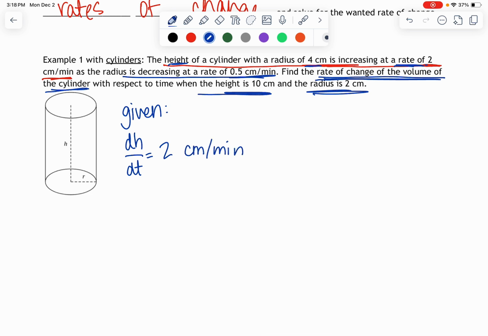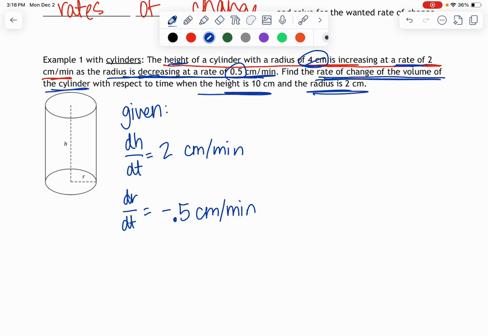Now, it starts out at a height of 4, but it doesn't end at a height of 4, so I'm actually not going to use that. Next is this radius is decreasing at a rate. So I'm going to say dr/dt, derivative of the radius with respect to time, is negative 0.5 centimeters a minute. And it's because it told us that it was decreasing, which means negative.